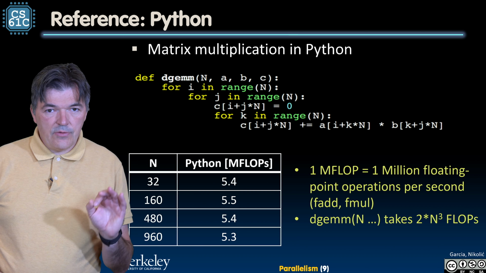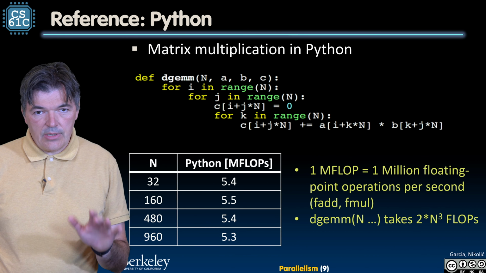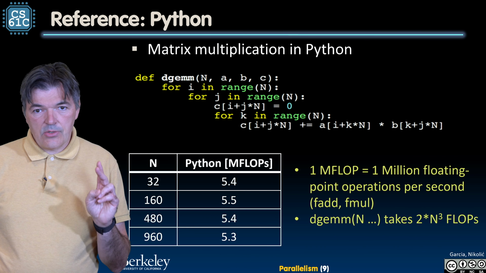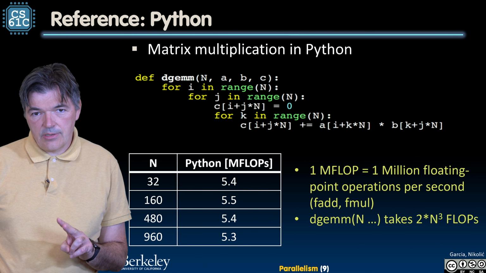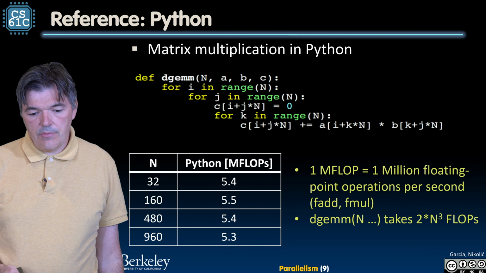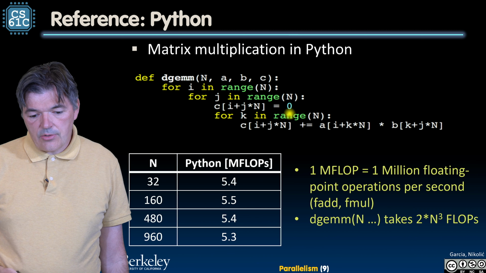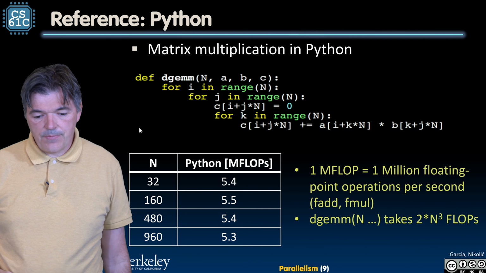Each of the floating point operations that we encounter is counted separately. So we are going to see a floating point add and a floating point mult. Each add and each mult are going to be 2 separate floating point operations. There is one floating point operation that corresponds to multiplication and one that corresponds to addition. So this line of code is 2 flops.